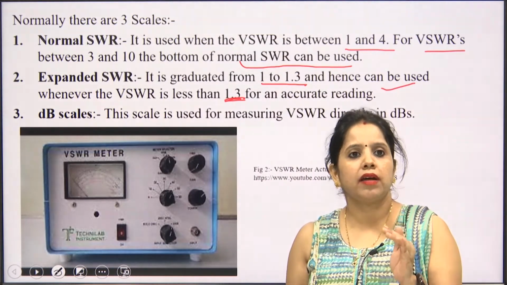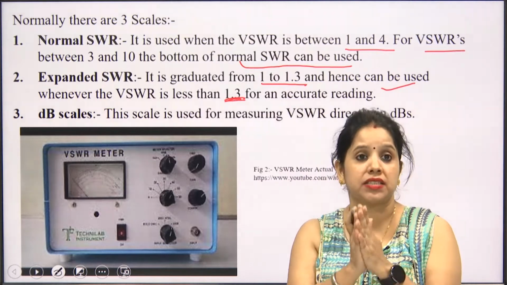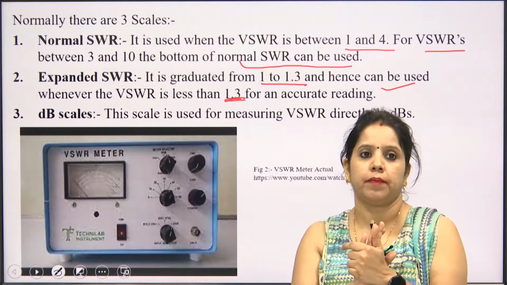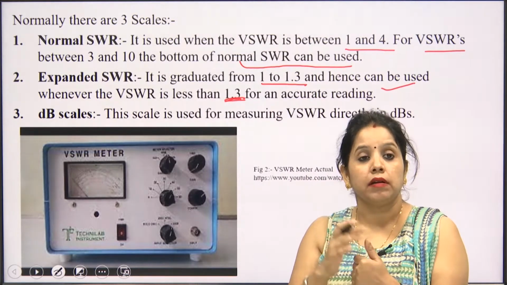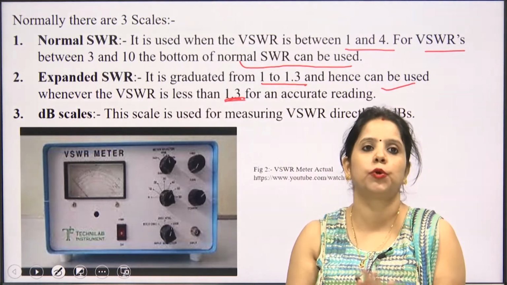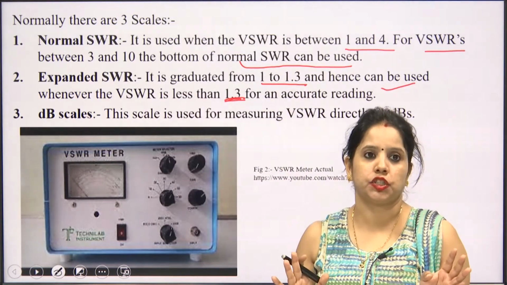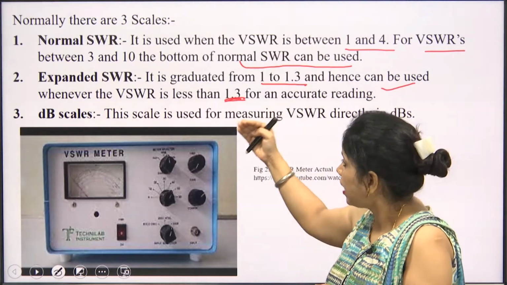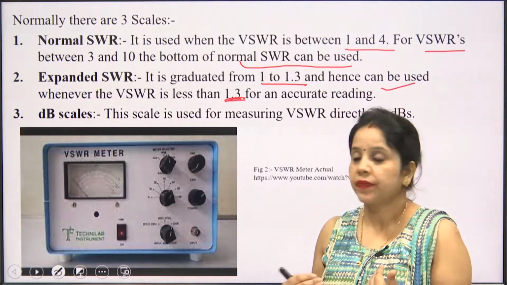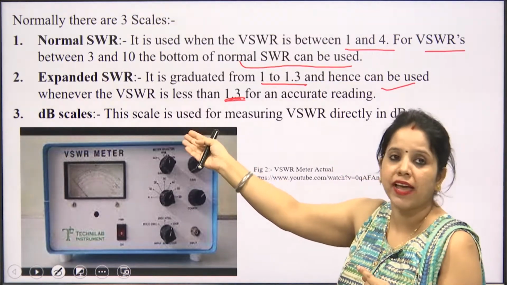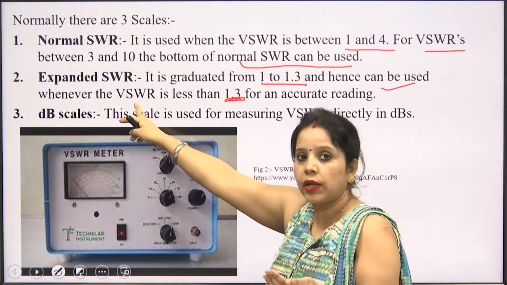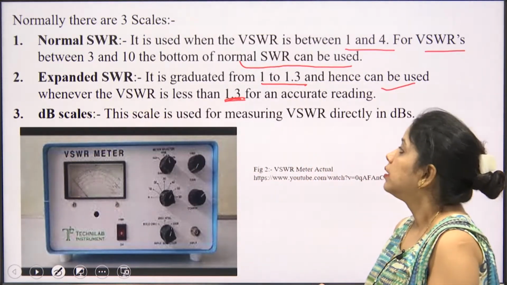We always design the system to have a VSWR tending towards 1. If the VSWR is much higher than 1, that system is not good for practical application. That is why for devices whose VSWR is much closer to 1, the value is further calculated with the help of the expanded SWR.